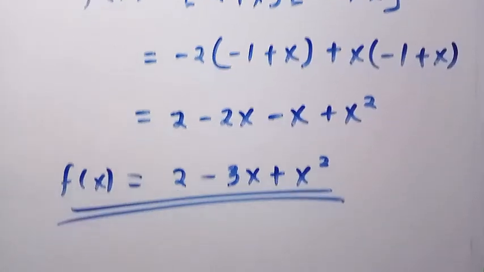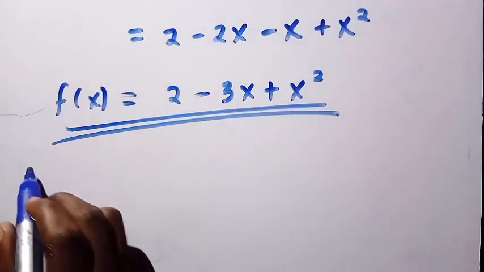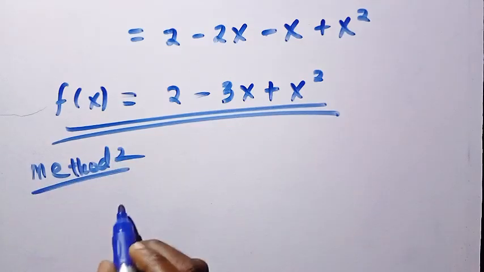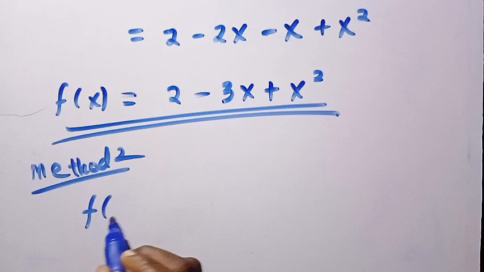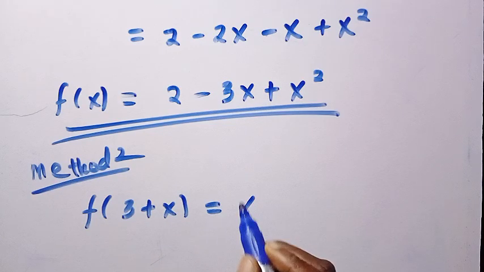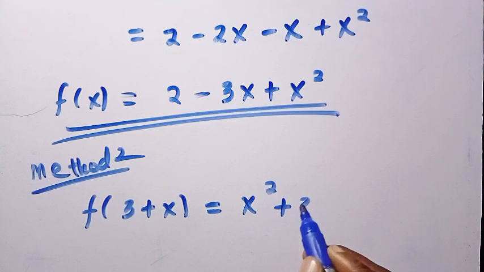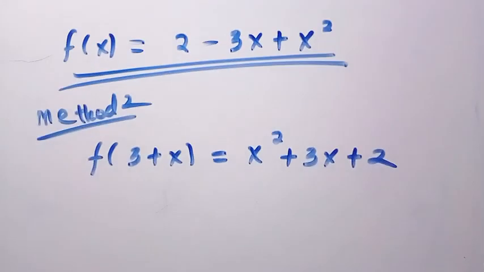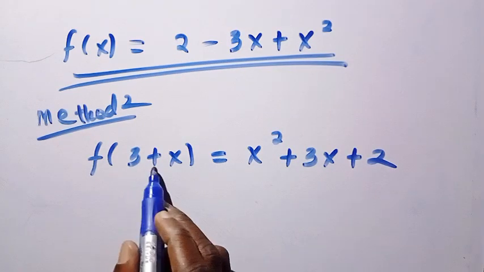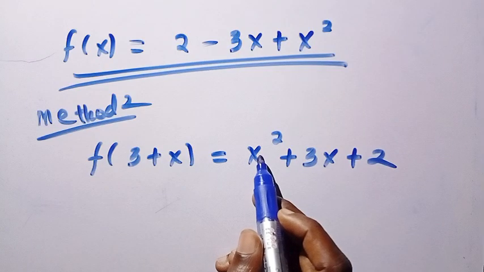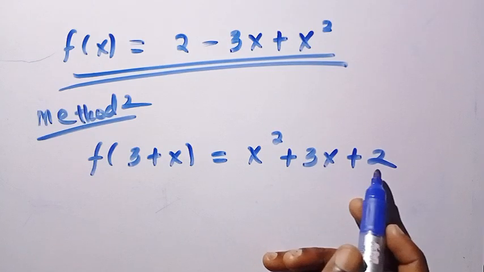And again, we can still solve this using another method. We have considered this as method 2. If the function is given as f of 3 plus x equals x squared plus 3x plus 2, by this, we see it's a quadratic, and let's come back here. Here we have 3 plus x, and here is x squared plus 3x plus 2.